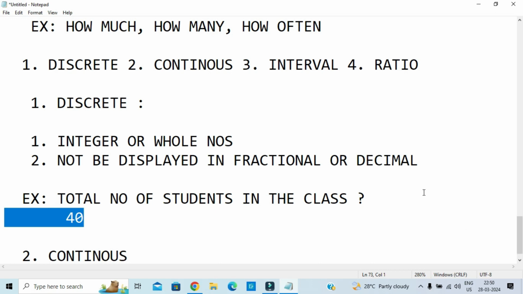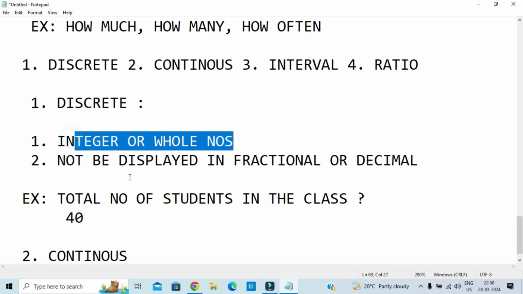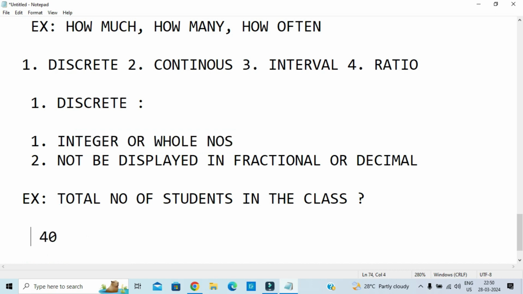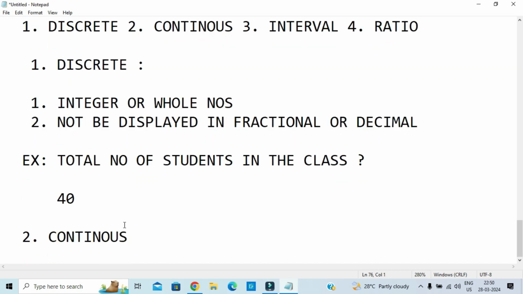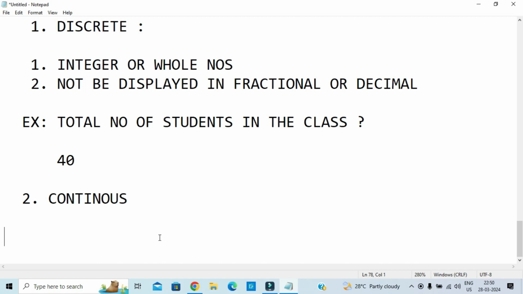You can see there are no fractional parts, only the integer part is displayed. One more thing about discrete data, I forgot to say: it is finite, limited.